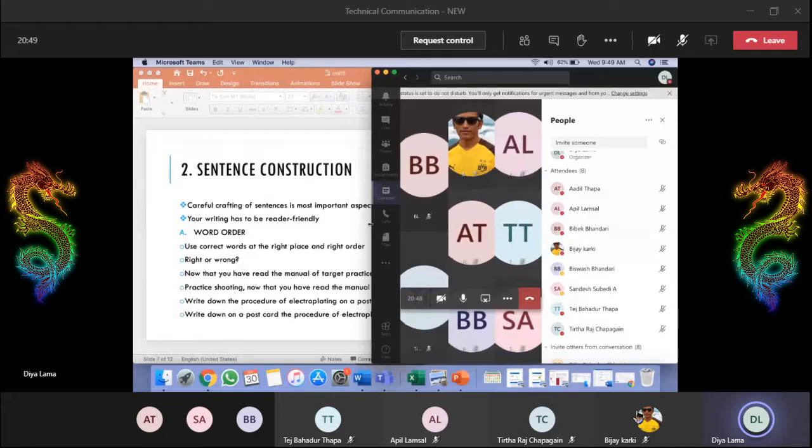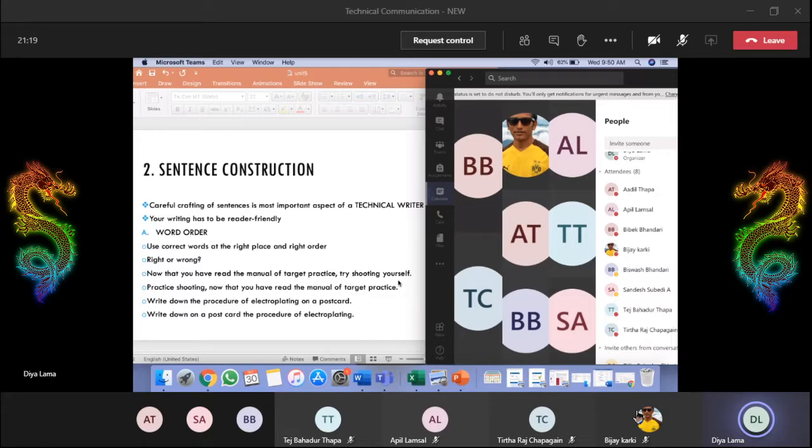Right or wrong: Now that you have read the manual of target practice, try shooting yourself. So what does this mean? तिमीहरुले target practice को manual read गरेपछि try shooting yourself रे. So what does this try shooting yourself mean? Try shooting yourself भनेको त आफूलाई हान भने जस्तै भयो है.